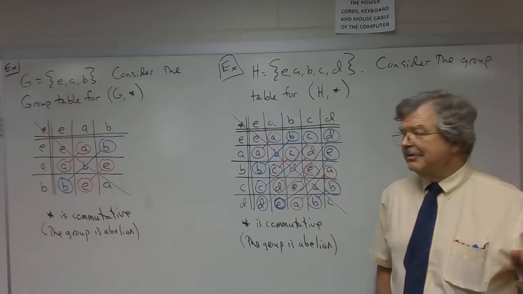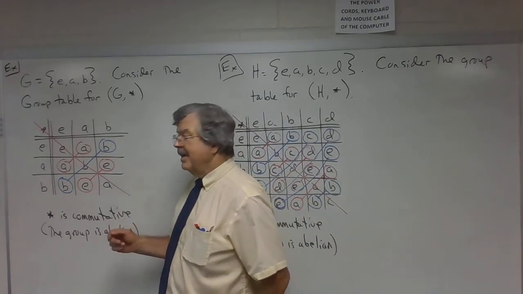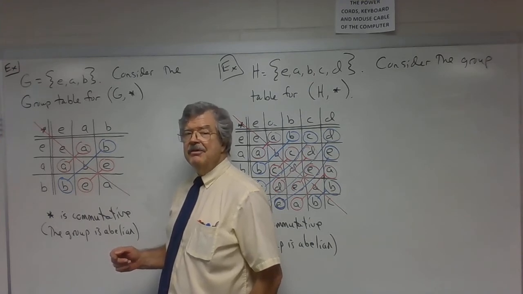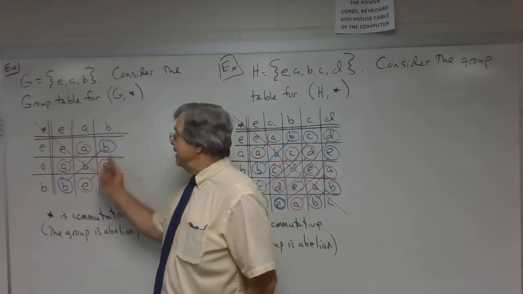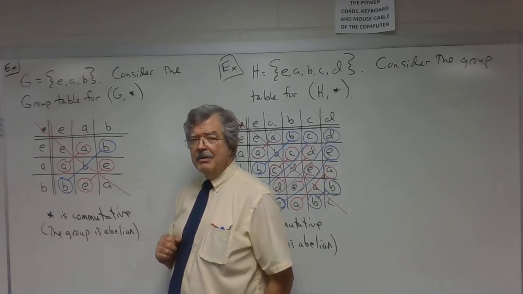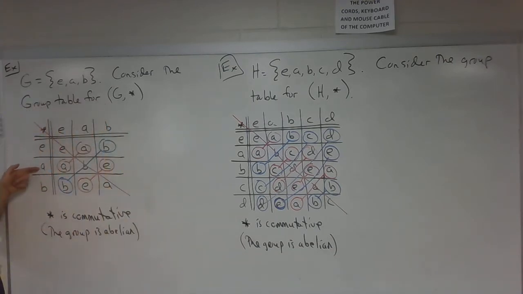That's not coincidence. And this is a simpler example. Pick any row of this table. Every element appears exactly once. Pick any column of this table. Every element appears exactly once. For example, let's pick the row headed by the element A. We see A, B, E. Okay, every element appears exactly once.